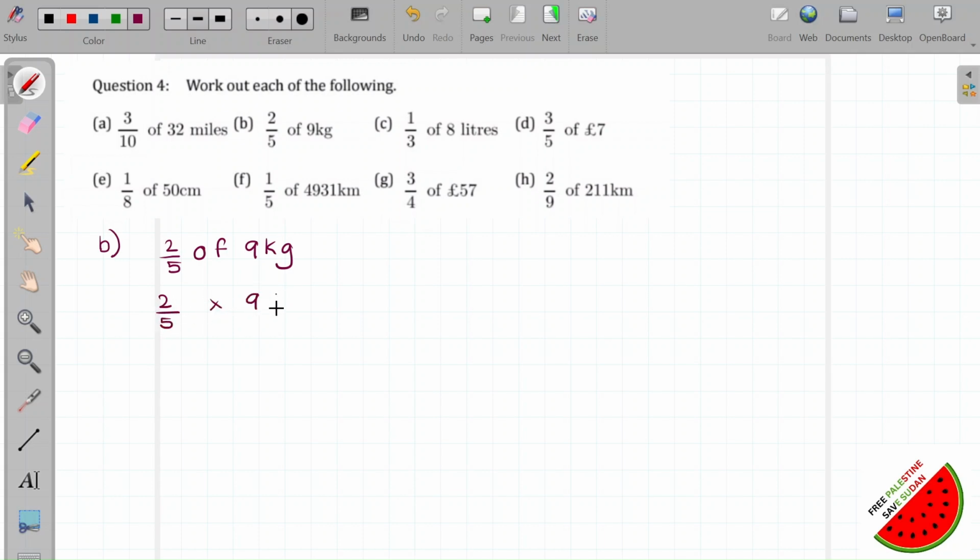So I start off by doing this. And in this method, I divide by the denominator, 9 divided by 5 equals, and then I can work this out. So here on the side, I'll just try and fit it in.